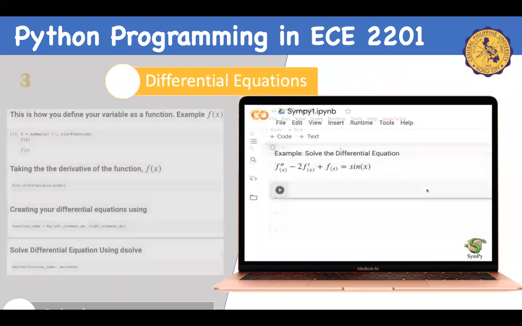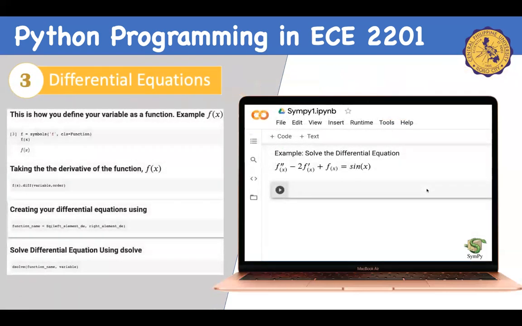Now we proceed to differential equations. In differential equations, this is how you define your variable as a function. For example, if you want to define f as a function of x, you can say f equals symbols, and then we have cls, which means class of function.